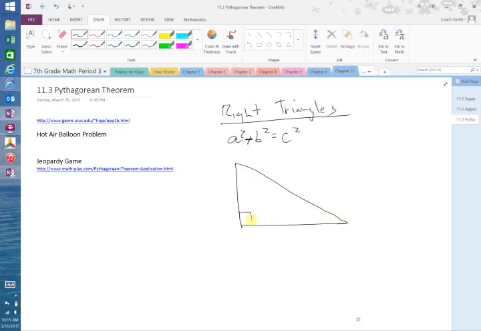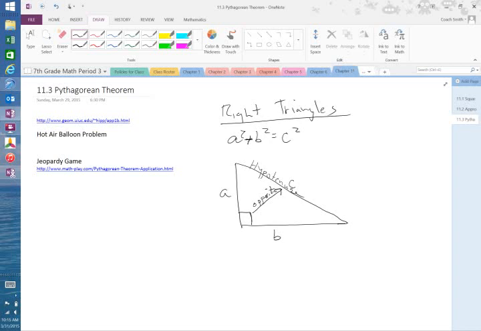If I have a right triangle, you have an A, a B, and a C side. It does matter where the C is. The C is always opposite of the 90-degree angle. We call this the hypotenuse. So it doesn't matter what the triangle looks like.